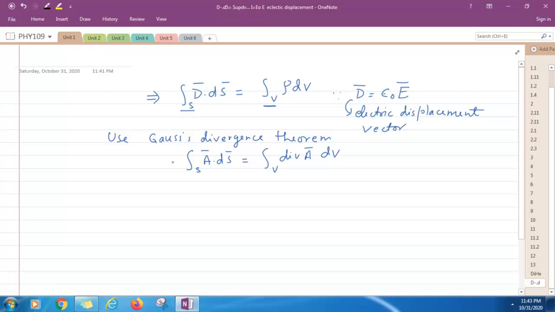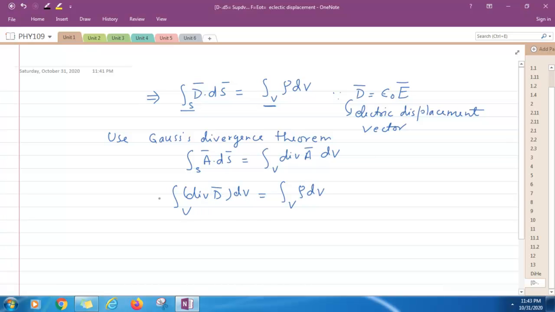So what will be this side now? If you convert this into volume integration, you have to write here divergence. So volume integration divergence D dV is equal to volume integration rho dV.